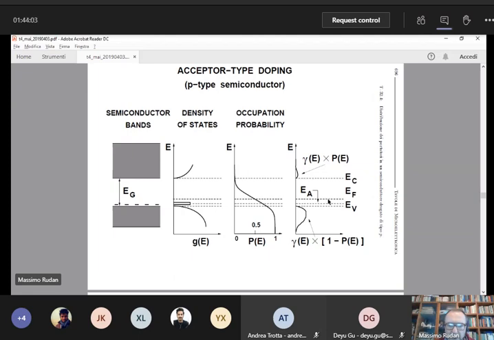So when you increase the dopant concentration in the p-type case, EF goes closer and closer to the valence band edge. Instead, if you increase temperature while keeping the acceptor concentration constant, EF goes towards mid-gap.